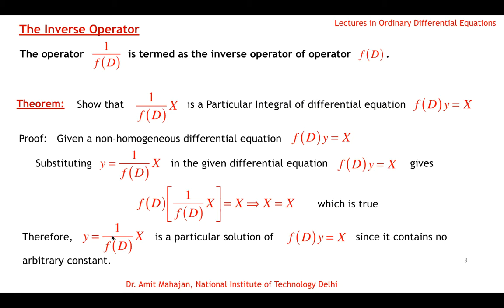So this is what we want to prove: if you are given a non-homogeneous system, and we have to find one particular integral of it, then one particular integral is 1 over the operator on X, or the inverse operator operated on the right hand side. That will be a particular integral.